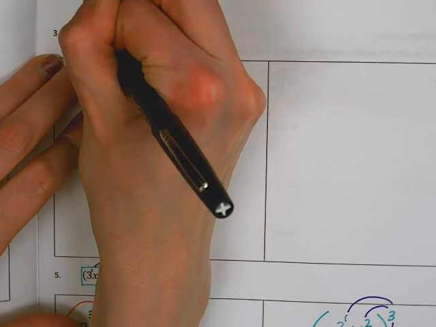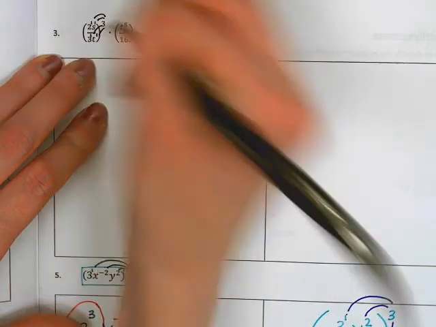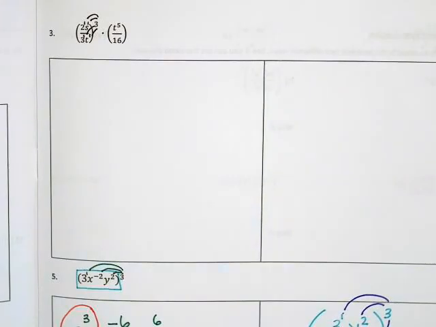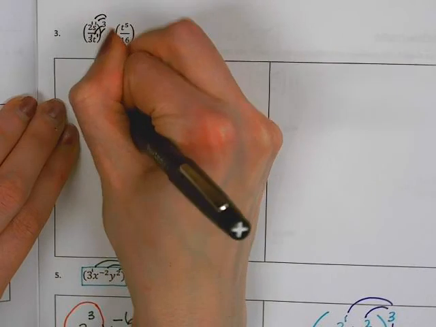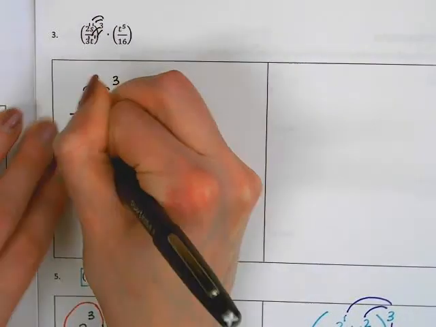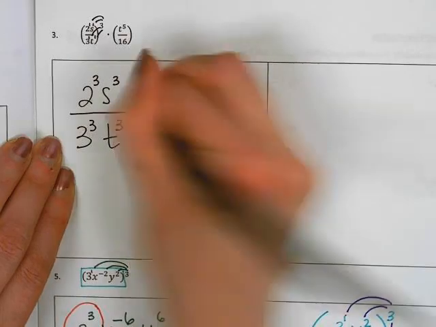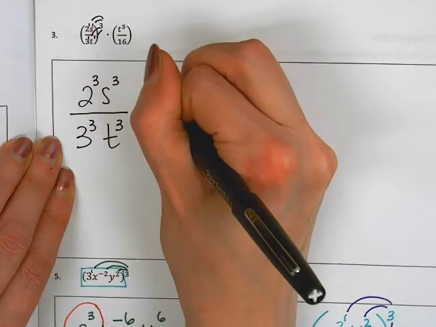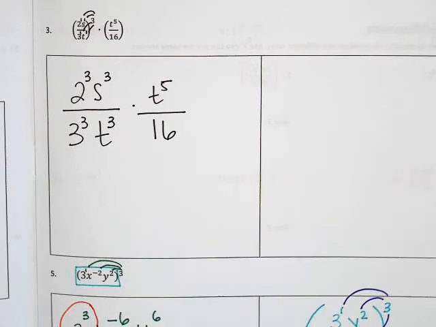So give it a 1, give it a 1, give it a 1, give it a 1, and we're going to distribute, power to a power you multiply. All right, so we have 2 to the 3, s to the 3, over 3 to the 3, t to the 3, and then this guy, nothing to do, right? t5 over 16. Okay, that's how you have to start this one.